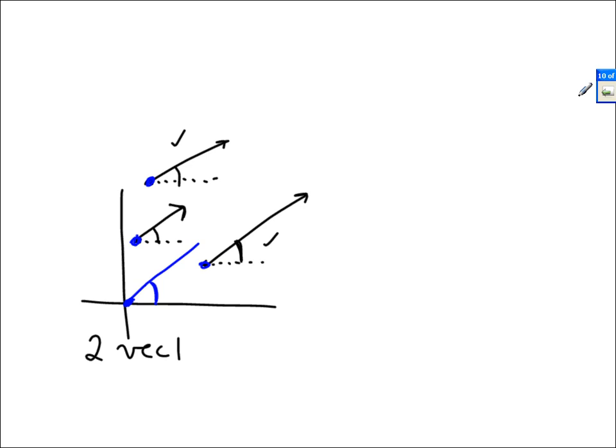The only thing that might change is the size. Maybe the smaller vector, this one, only comes up to there, and the longer one, maybe it comes out further. What about this vector? This vector is parallel. This vector is parallel.